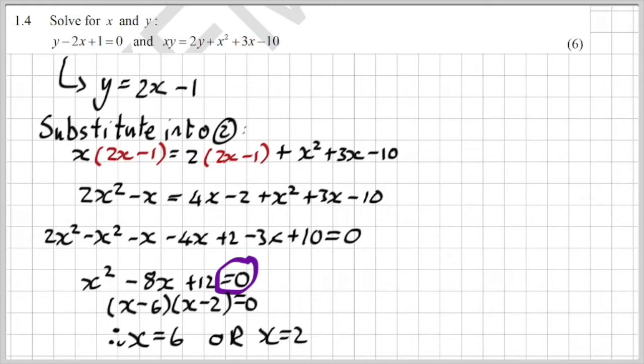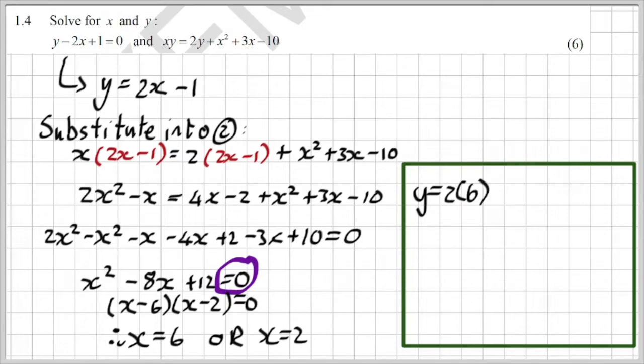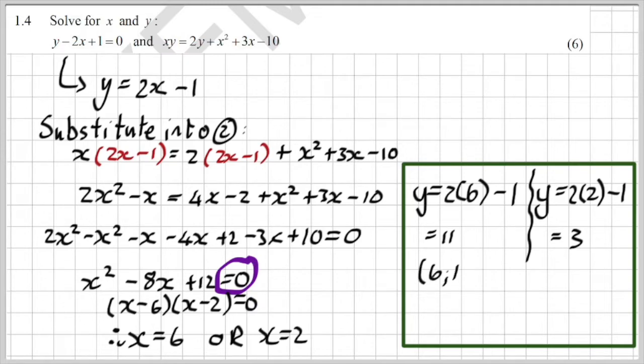So if I look at solving for y now, remember that I have that y is equal to 2x minus 1. So I'm individually substituting those x values in, and I am finding two answers. This means that I have two sets of coordinates, (6, 11) and (2, 3).